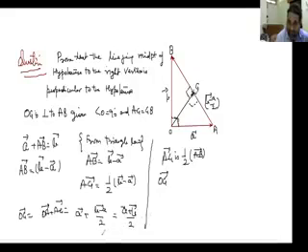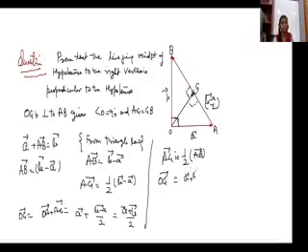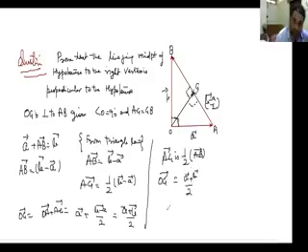What is OB? Mod B square. And what is AB? B minus A, no? This is B minus A. So actually B minus A square.